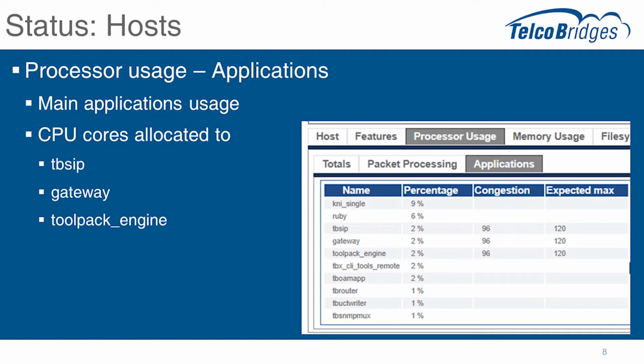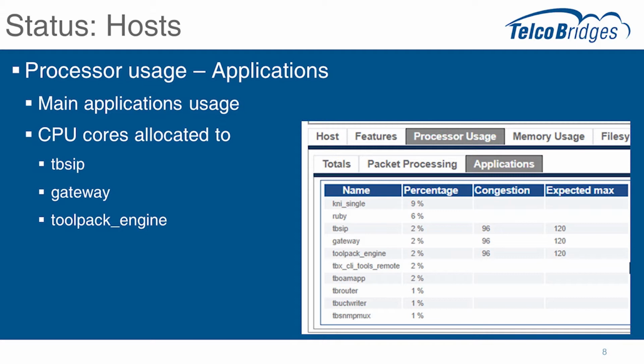Then these three applications, TB SIP, Gateway, and Engine, are the most important ones. What we've seen usually, and that we confirmed on their system as well, is that Gateway uses close to 2 times what TB Engine will use for the same amount of calls, in general. So it's really this one that will tell you if you're getting to the limit of this system.